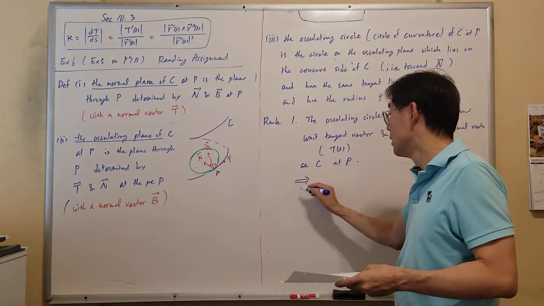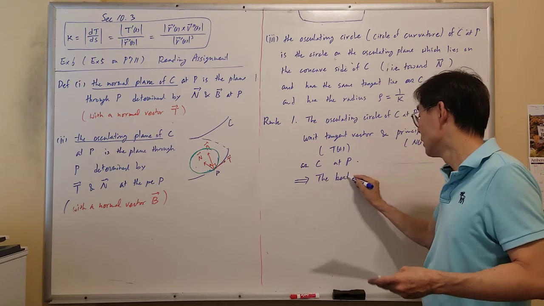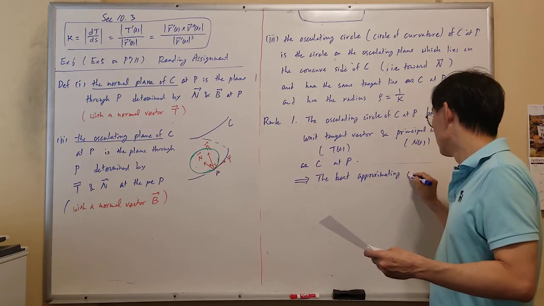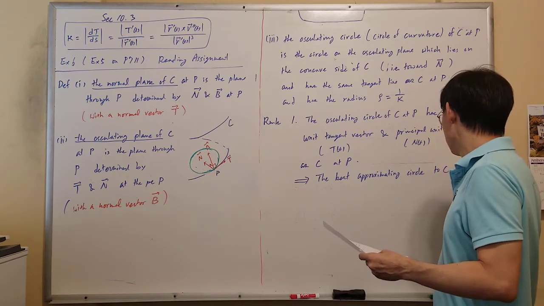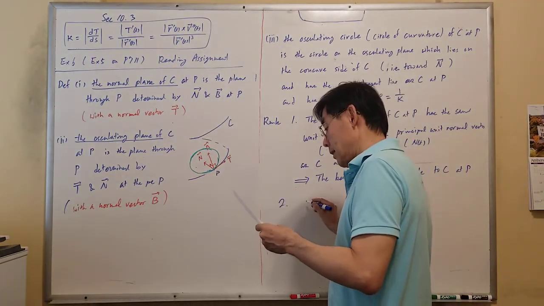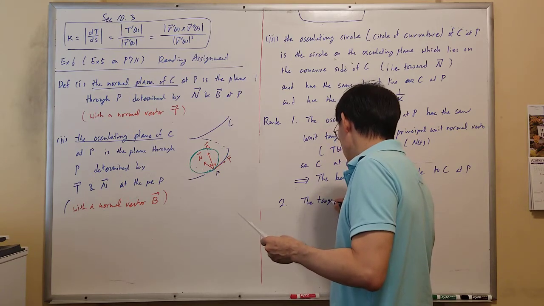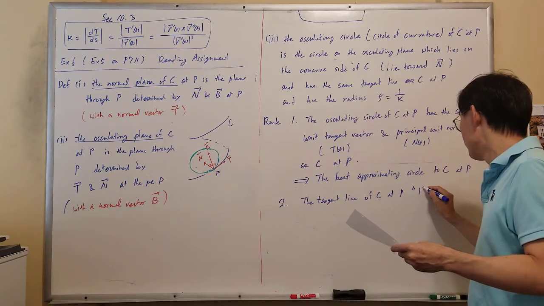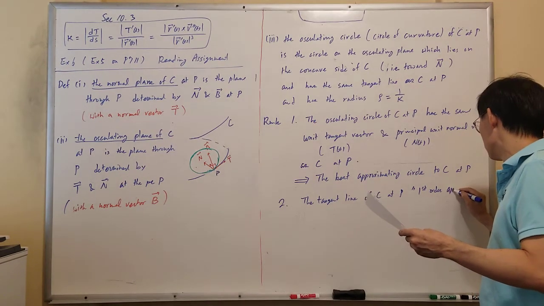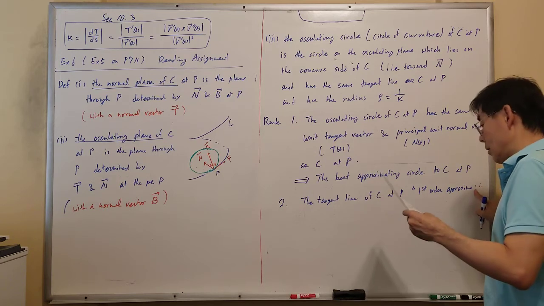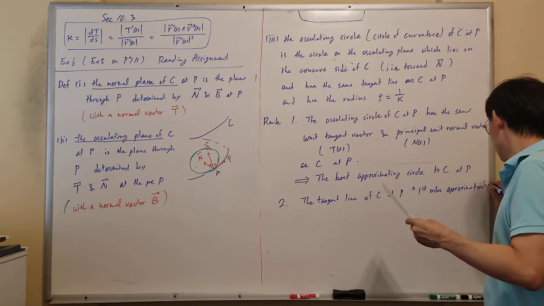Which means this is the best approximating circle to C at P. Among the circles, this is the best approximation, the best representation of the curve. And you could say that the tangent line of C at P we call first order approximation, or linear approximation.